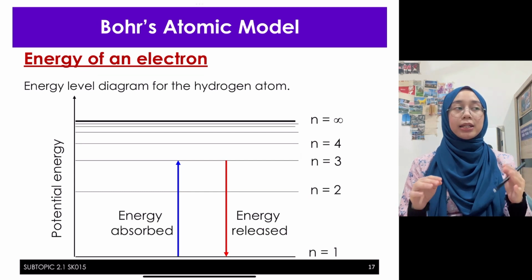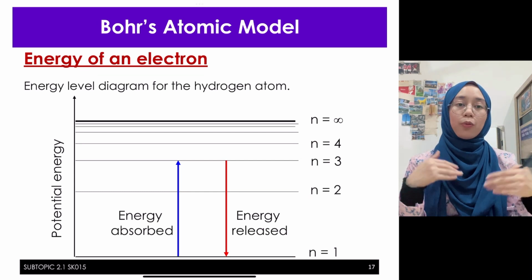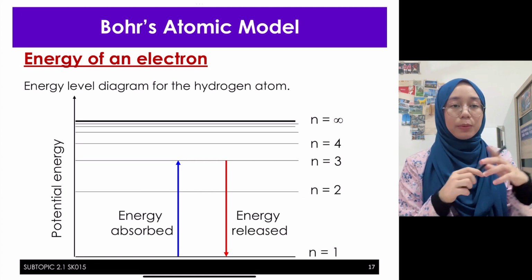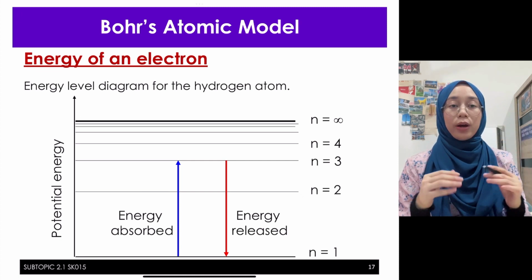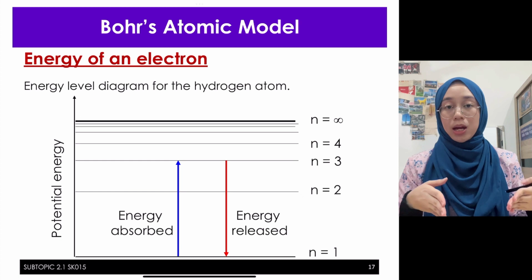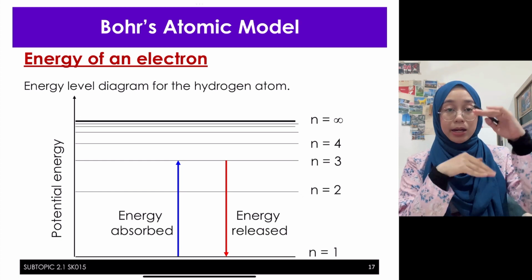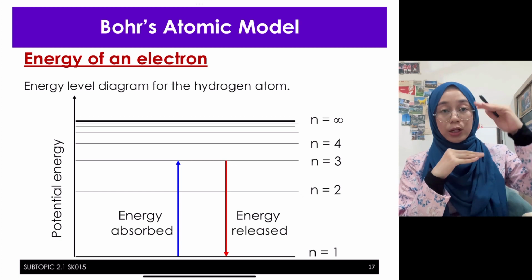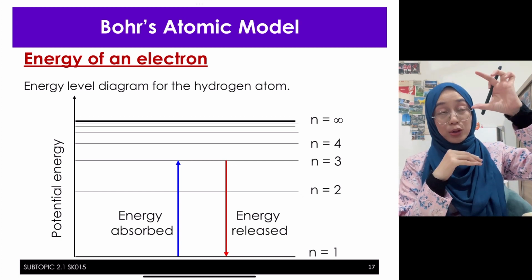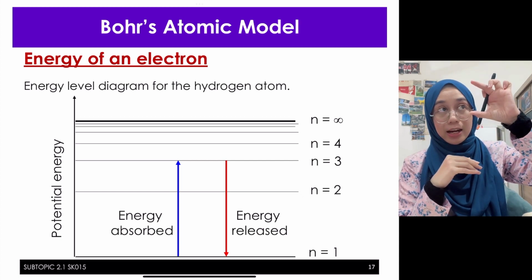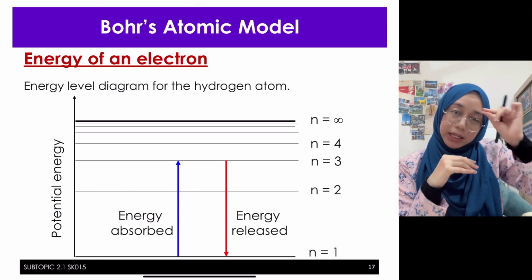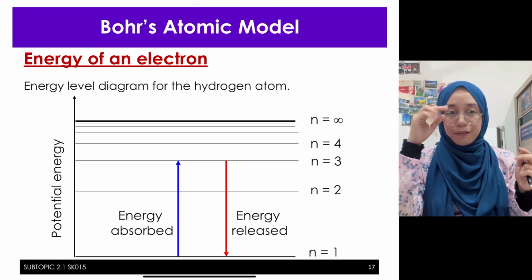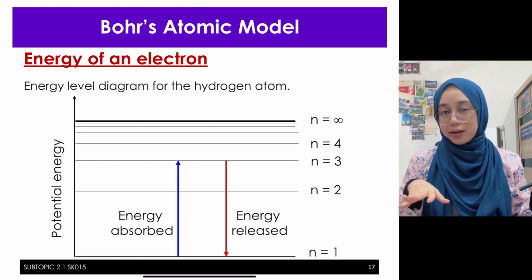So nak katanya perbezaan energy from one energy level to another energy level sebenarnya dia akan makin kecil, and you have to show it this way. Kena nampak ada beza energy level 1 ke 2, 2 ke 3, sepatutnya dia punya energy tu dah semakin kecil, and 3 ke 4 pun makin kecil, and so on, sampailah bila dah sampai infinity tu dah macam tak nampak sangat beza energy dia.